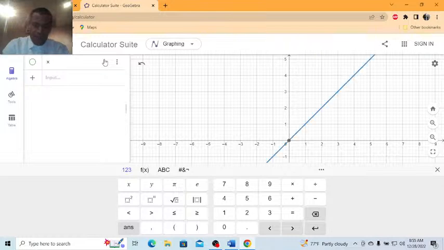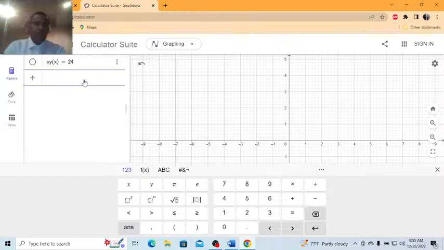We said xy is equal to 24, and then we said that x minus 2y equal 8.